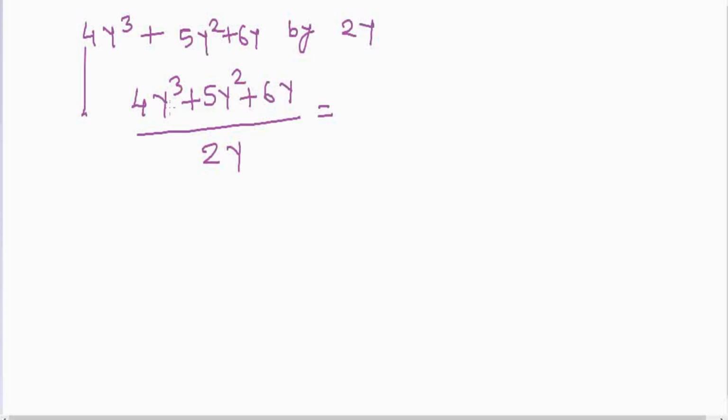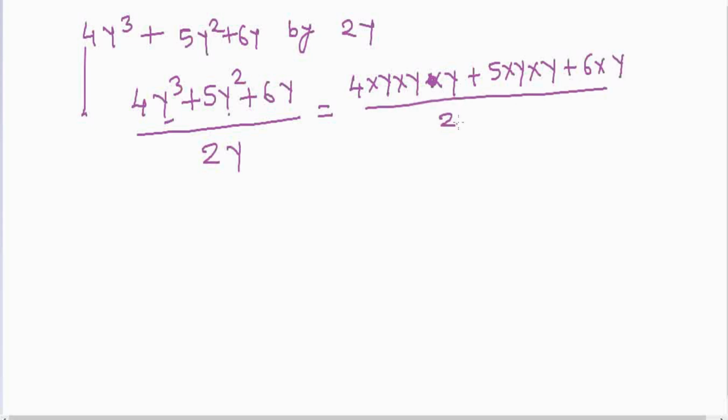You can see that we can easily take y common. So that is 4 into y cube, plus 5 into y square, plus 6 into y, divided by 2 into y.